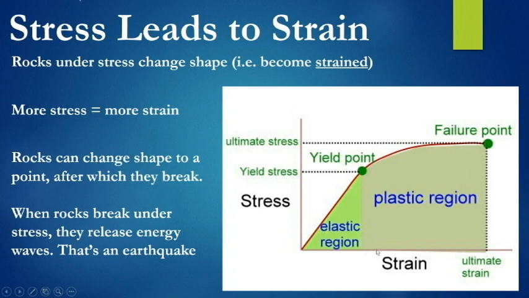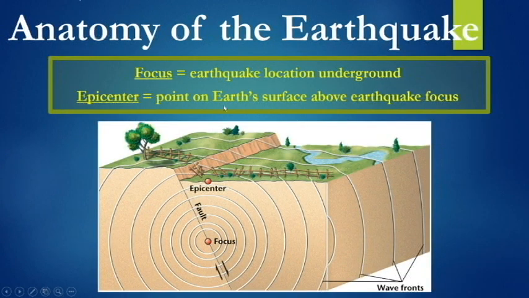So there's a huge increase in the changing of the shape with just a little more stress, and then you get to what's called the failure point. And the failure point is what it sounds like. The rocks fail, the material fails, it cracks, and in that moment, the energy that was built up, all that stress that was built up in that changing of shape, is released all in one moment.